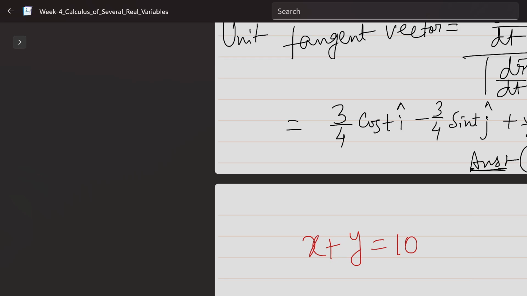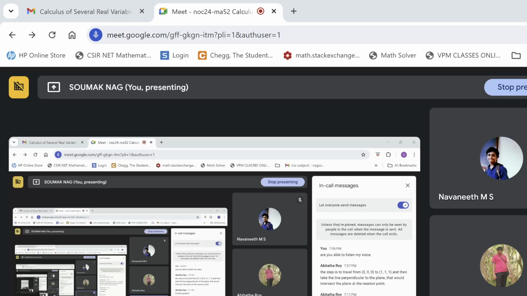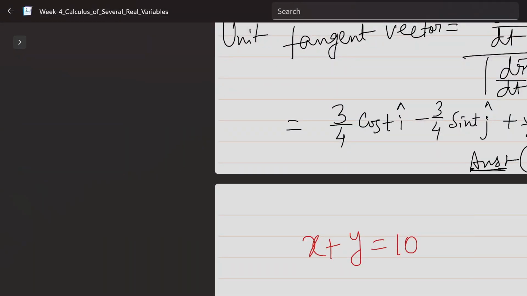Navneet, what does x plus y equal to 10 represent? Plane. It can also represent a straight line, if you represent it as y equals minus x plus 10.